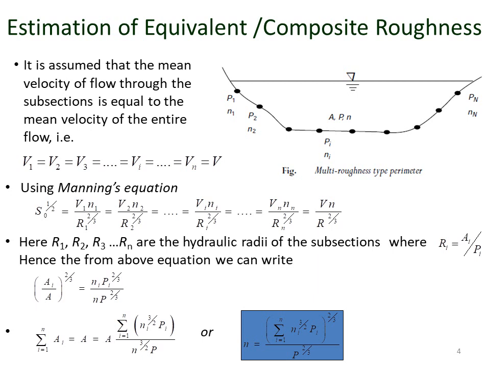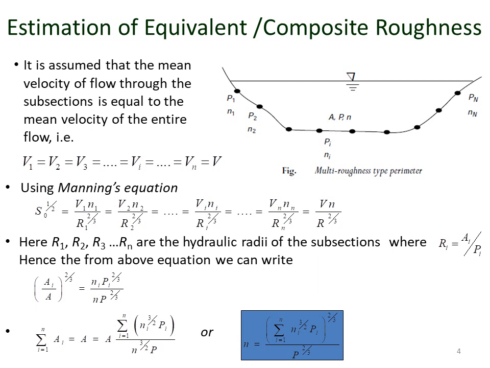Here R1, R2, R3 are the hydraulic radii of the subsections, and capital R is the hydraulic radius of the whole cross section. And hydraulic radius, as we know, is a ratio of the wetted cross section by wetted perimeter.